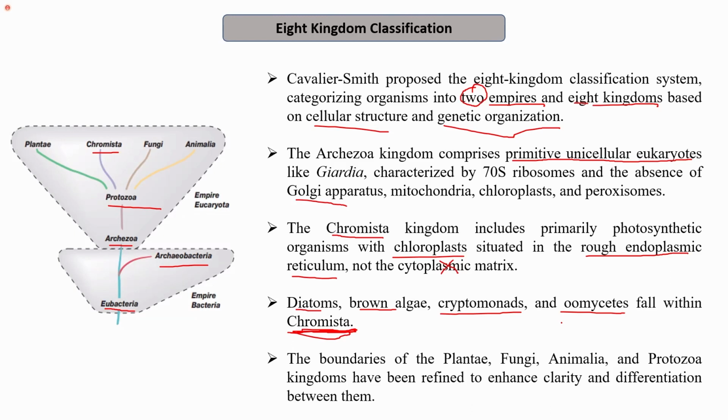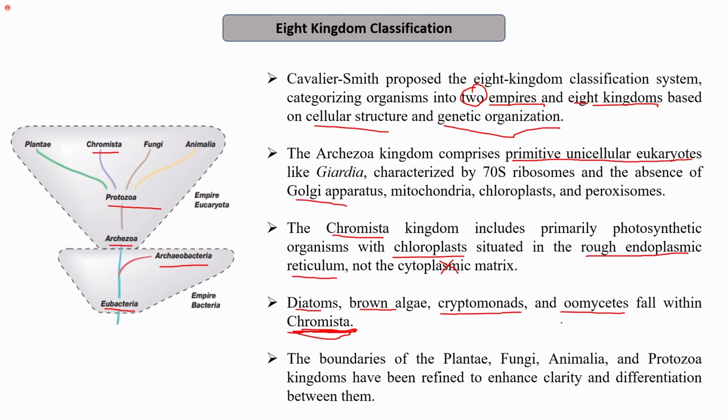So we cannot say that this is the best classification system, but still for now it is, maybe. In future we might have a much better classification system that classifies organisms into many more different kingdoms based on their genetic composition, cellular structure, or many different characteristics.